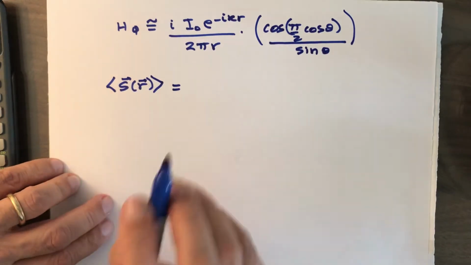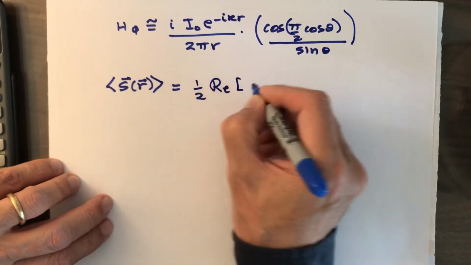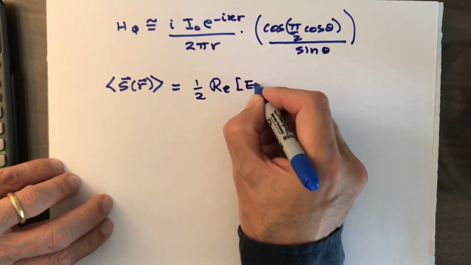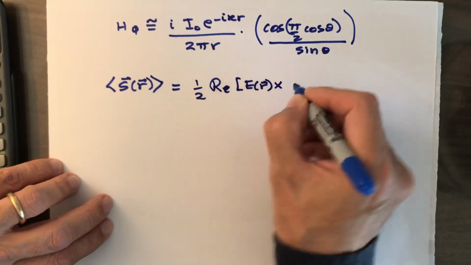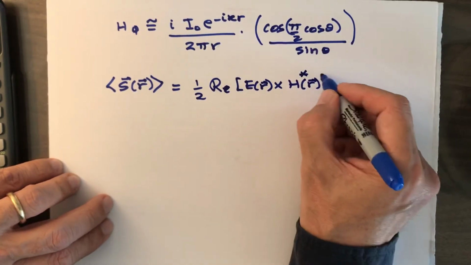which is going to give us the power. So that's 1/2 times the real part of the following product: electric field crossed into magnetic field complex conjugate.